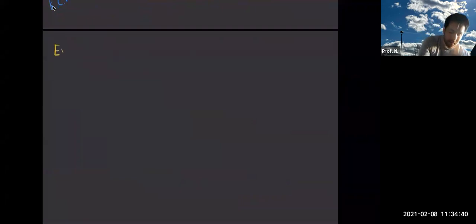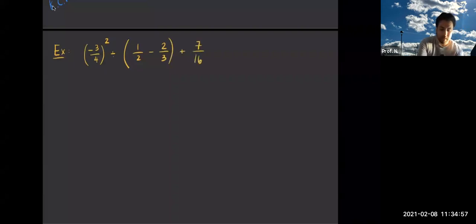Let's see if I combine this whole PEMDAS stuff with adding and dividing. So I got negative 3/4. If I square it and I divide this by 1/2 minus 2/3, parentheses, plus 7 over 16. Now I want to know what this equals.